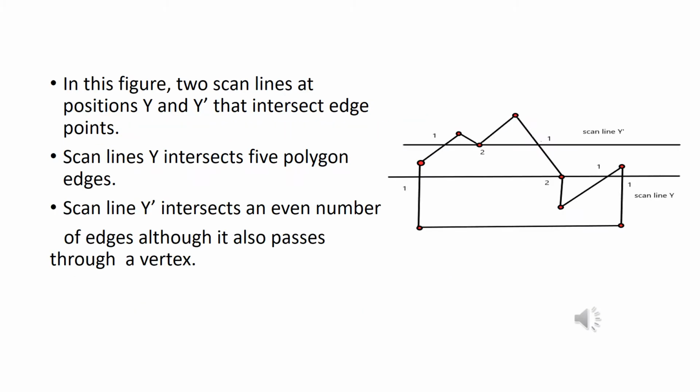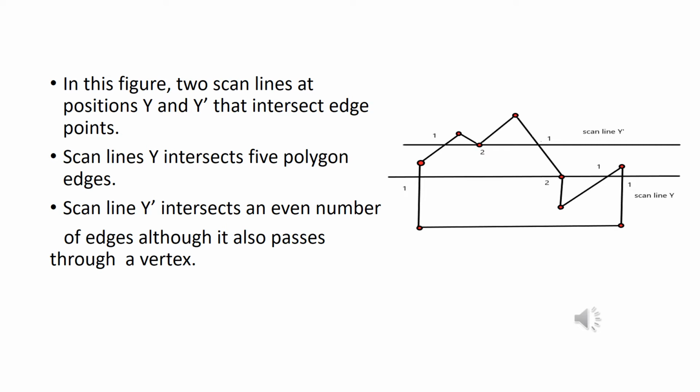In this figure, a polygon is given. We are considering two scan lines, scan line y dash and scan line y. Scan line y dash has intersected 4 polygon edges, so it has 4 intersection points, in which only one intersection point is also a polygon vertex.